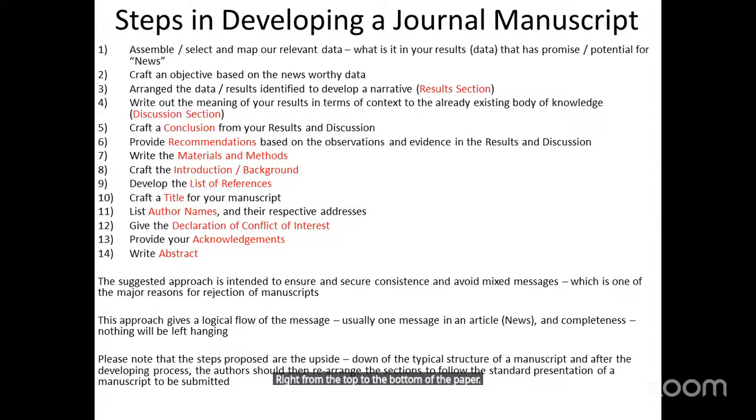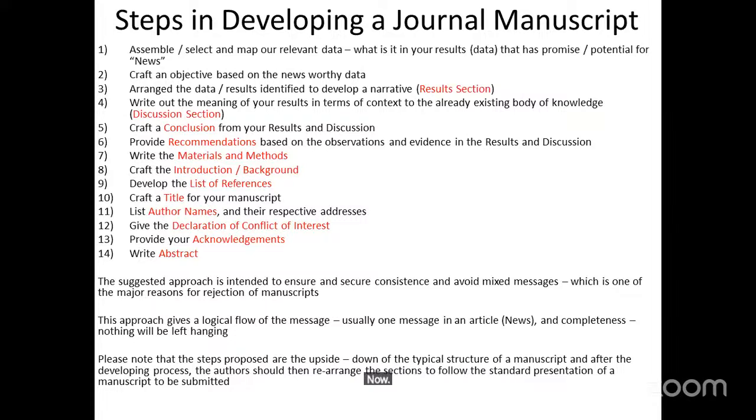They should not just read the title, authors, and end there. So this points to completeness. And once the message is complete, nothing should be left hanging. There should be no questions. It should be a complete story.